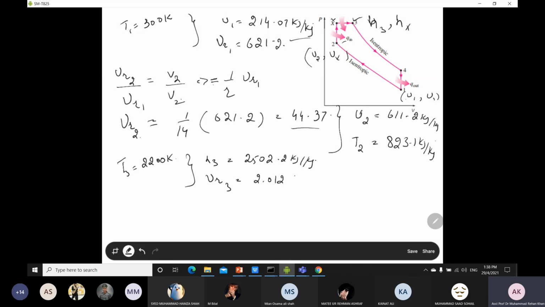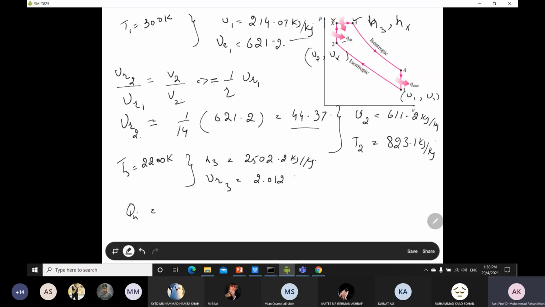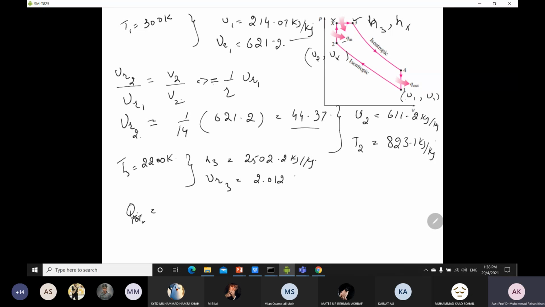Okay, so now we can say that Q in, which is the Q total, is equal to Qx2 plus Q3x.